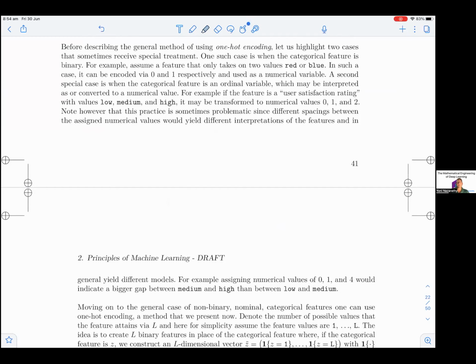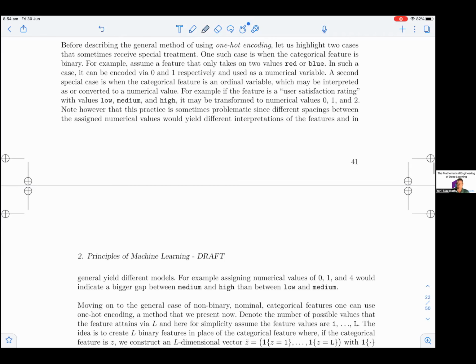Note, however, that this practice is sometimes problematic since different spacings between the assigned numerical values would yield different interpretations of the features and in general yield different models. For example, assigning numerical values of 0, 1, and 4 would indicate a bigger gap between medium and high than between low and medium. So that is all subject to interpretation.